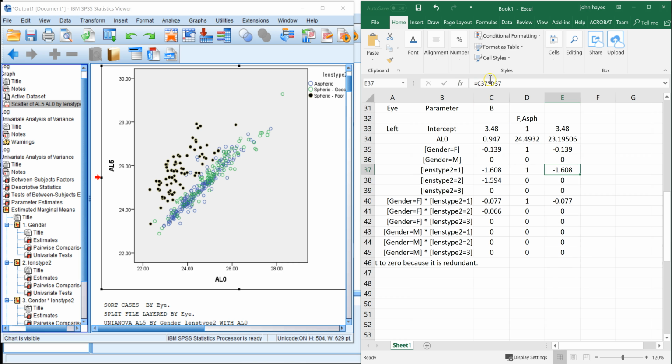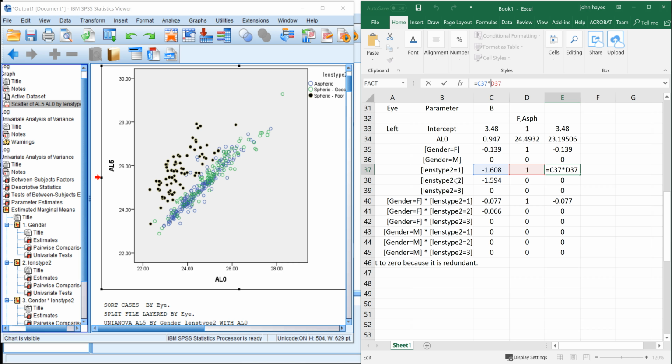Okay, so here we see, if you're lens type 1 aspheric, you take that coefficient times the value of 1 because you are this case. These are dummy variables. There are 3 dummy variables, well, really only 2 that have a value. So you're aspheric, yes or no. If you're not, you're a 0.